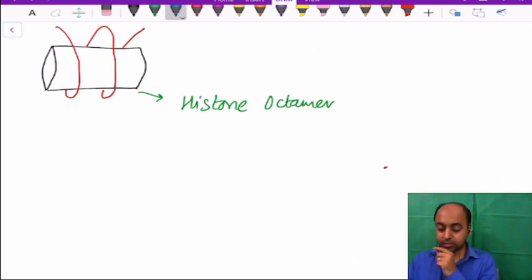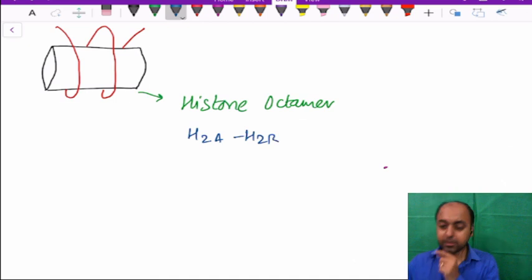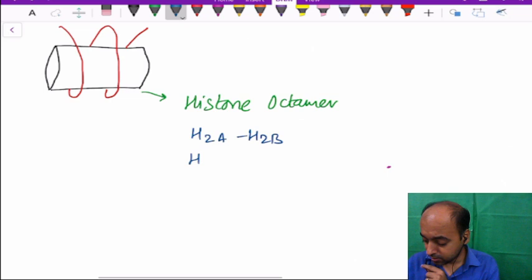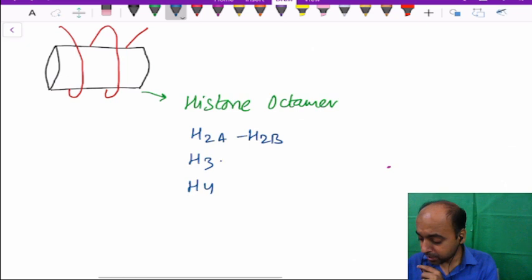The 8 subunits are H2A and H2B, which are paired up as a dimer, and H3 and H4, which are also paired.